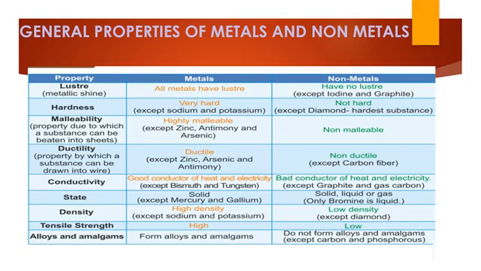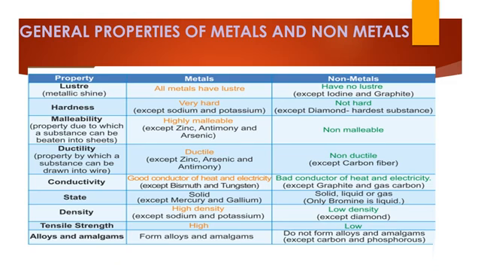Only carbon fiber can be ductile easily. Conductivity. All the metals except bismuth and tungsten are very good in conduction of heat and electricity. Except graphite and gas carbon, all other non-metals are bad conductors of heat and electricity.